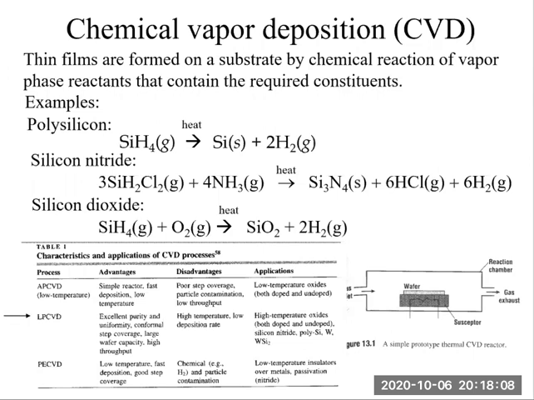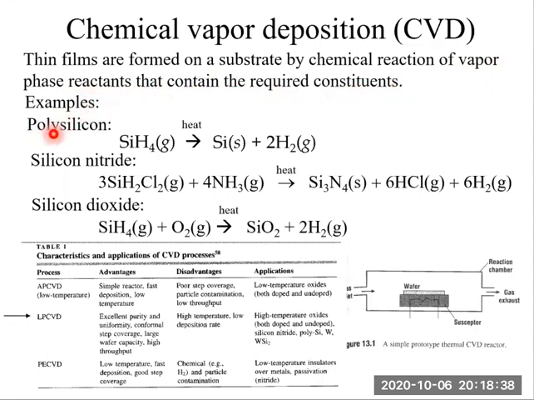In CVD, chemical vapor deposition, thin films are formed on a substrate by chemical reaction. This must be chemical reaction, okay? By chemical reaction of vapor phase reactants that contain the required constituents.